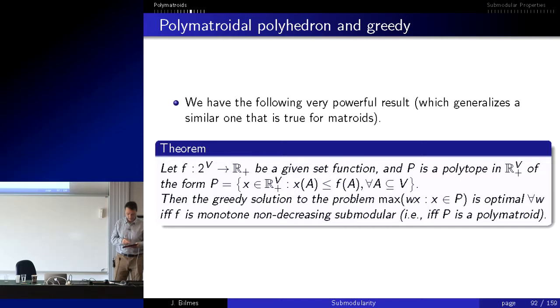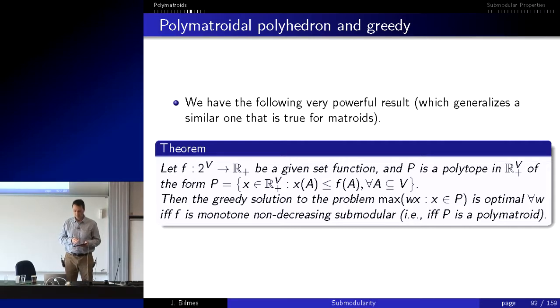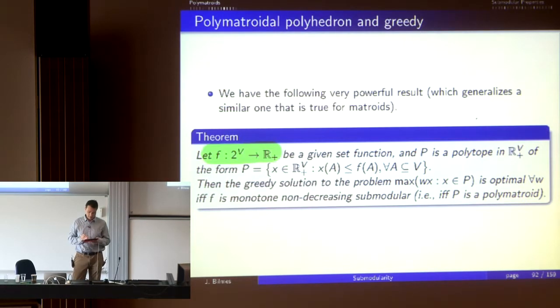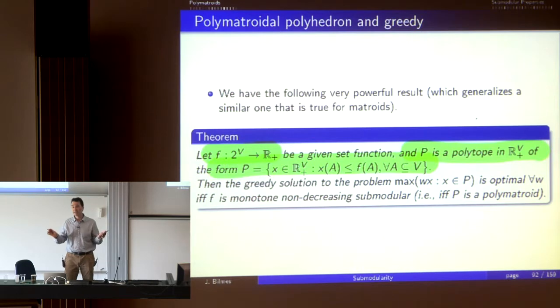Okay. So it turns out that there's this extraordinarily amazing, powerful theorem that was proven by Jack Edmonds. It says, let's say that f is a given set function, and P is a polytope of this form. Okay, so the green bit is like, we're not saying anything about submodularity yet. We're saying here we've got this set function, we don't know anything about it, and we define this polytope defined by it. We don't even know if it exists.